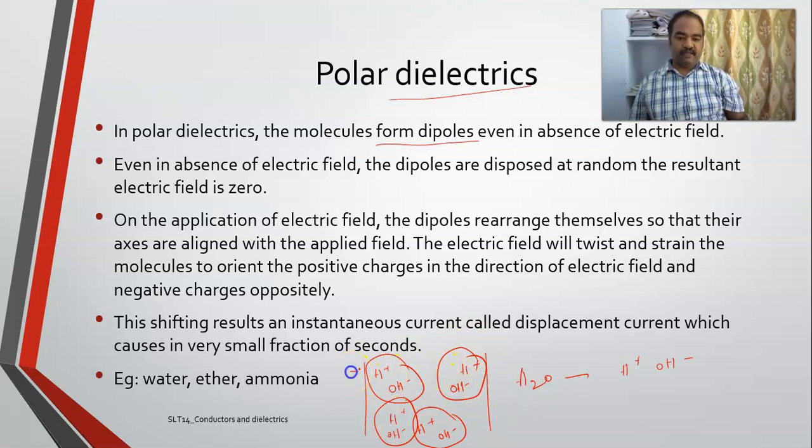But if I start applying the electric field in this fashion, then automatically these dipoles will orient themselves in the direction of the applied electric field. See, this is OH minus and this is H plus.